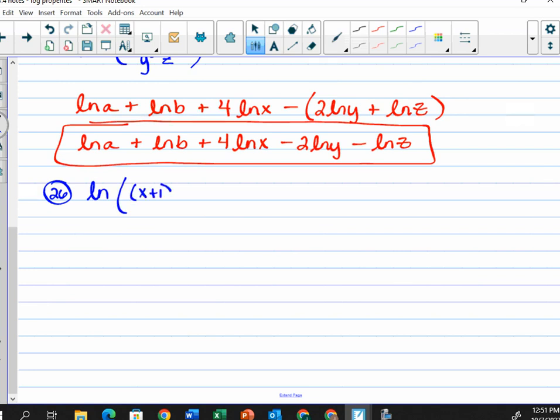Let's do x plus 1 cubed, y squared, ab to the 4th.